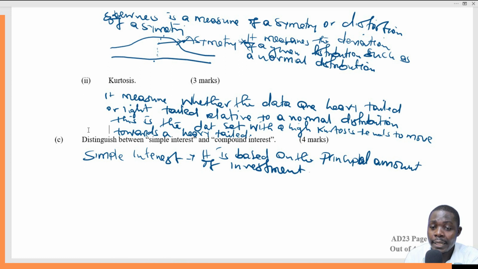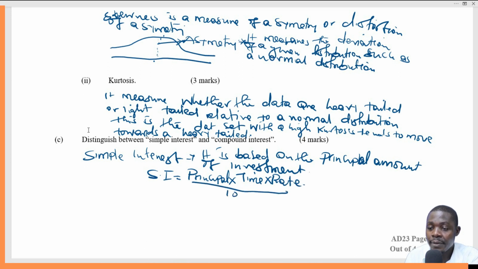When calculating simple interest, we use this formula: we are given the principal, the duration or time, and the rate of interest, and we divide everything by 100.